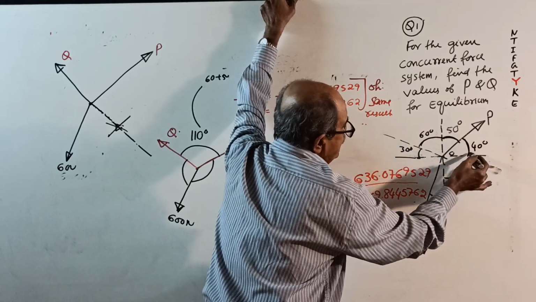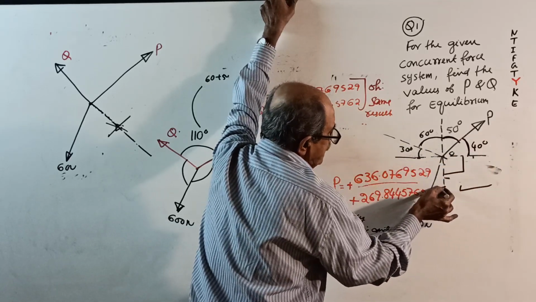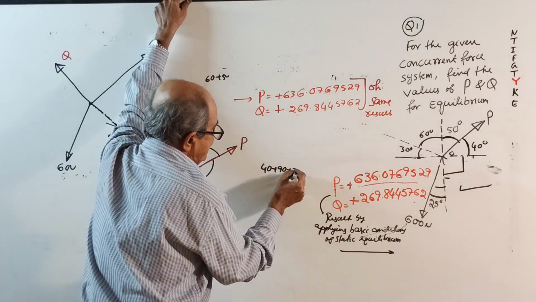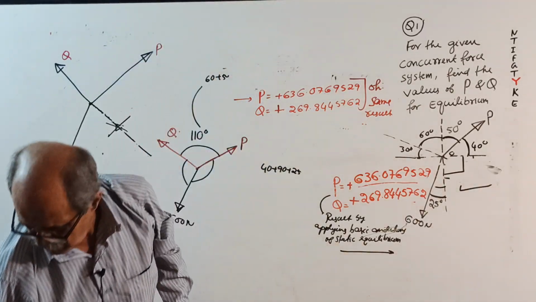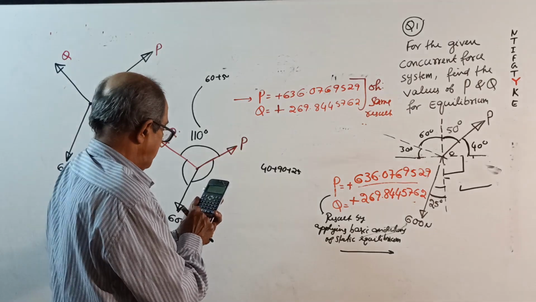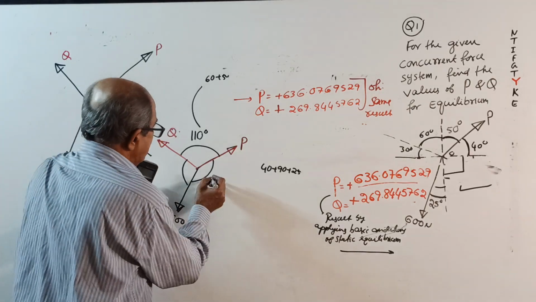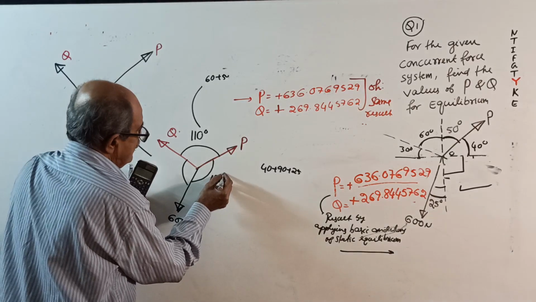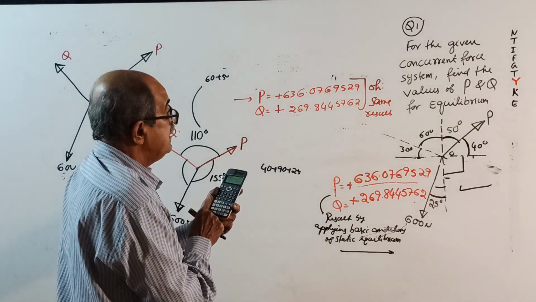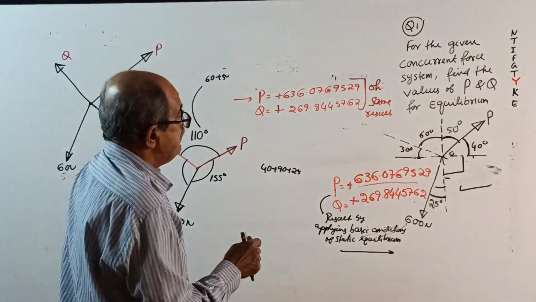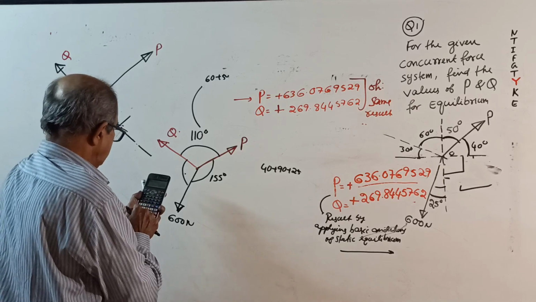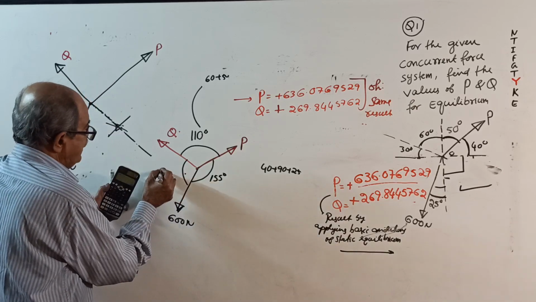So, 40 plus 90 plus 25 is 155 degrees. Correct, 155. This angle is 360 minus 155 minus 110, which is 95 degrees.